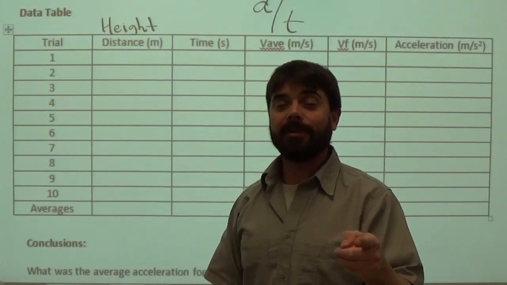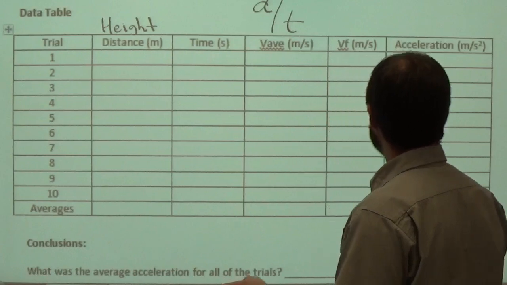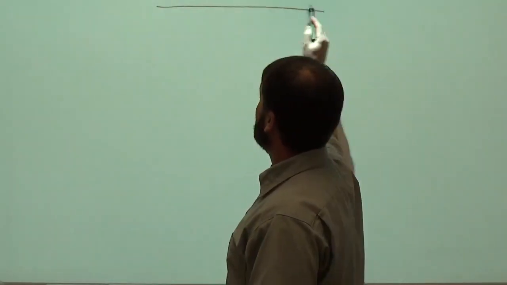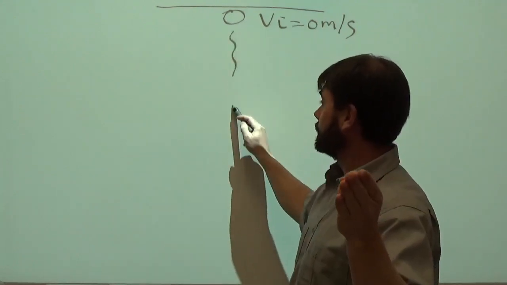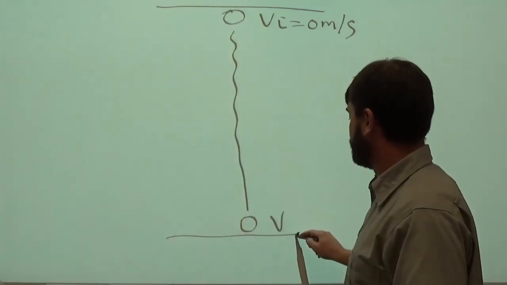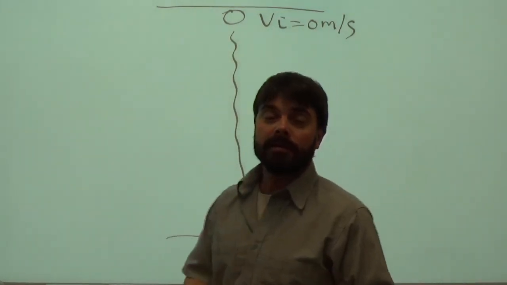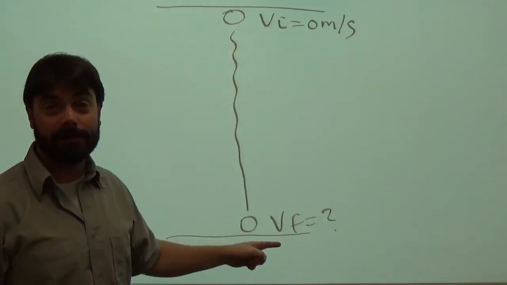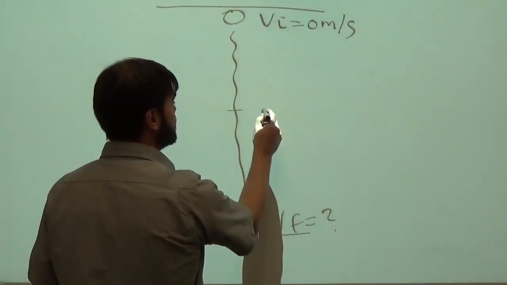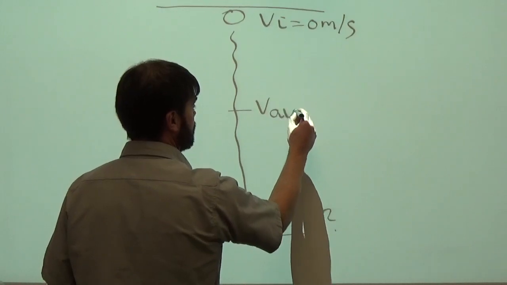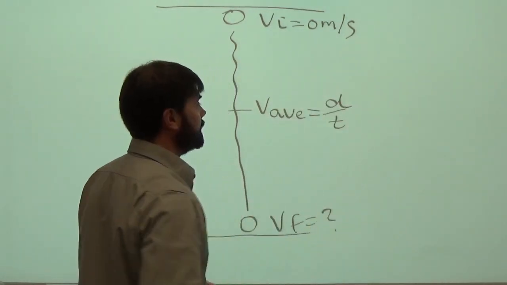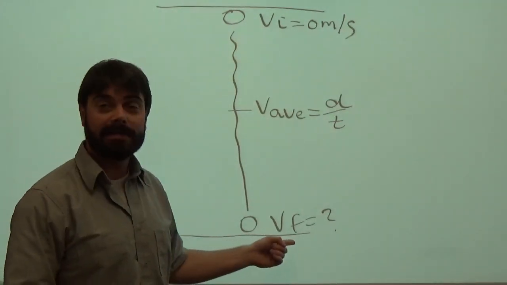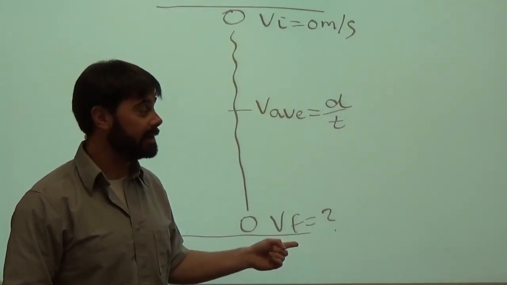Now to calculate acceleration, we need final velocity. In essence, velocity final will be at the bottom. Velocity average ends up being right in the middle. This is literally just your distance divided by time. So that does not give us the velocity final that we need to calculate acceleration.